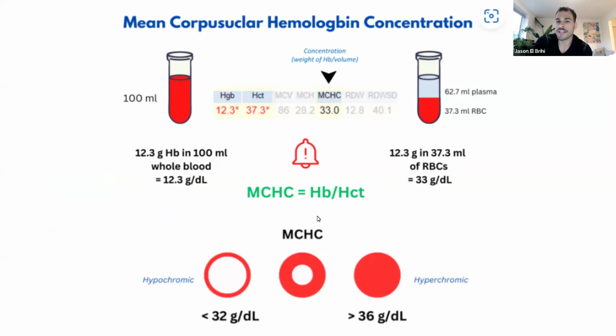So for all intents and purposes, just ignore the MCH. In very advanced settings, you may use it to gauge things, but you don't need to know that unless you're a heme AT or a consultant. Just stick with the MCHC and know that if you want to call something hypochromic or hyperchromic, that's the value that you're looking for. And the range is from 32 to 36.